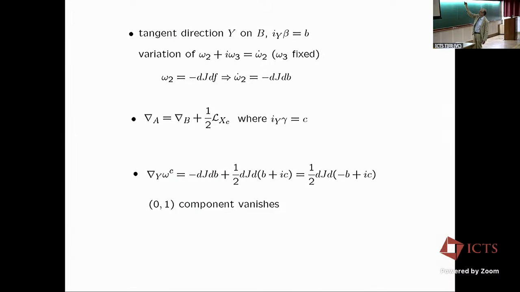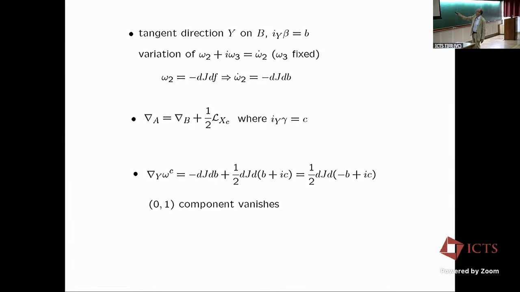Omega 2 dot, yesterday we wrote as minus dJ df dot. Well, now we see that df dot is, well, f dot is beta, but in a particular direction, I'm going to write it as b. And now we're looking at the action of the covariant derivative, and now we're using the Lie derivative terminology because we're acting on tensors rather than acting on functions.